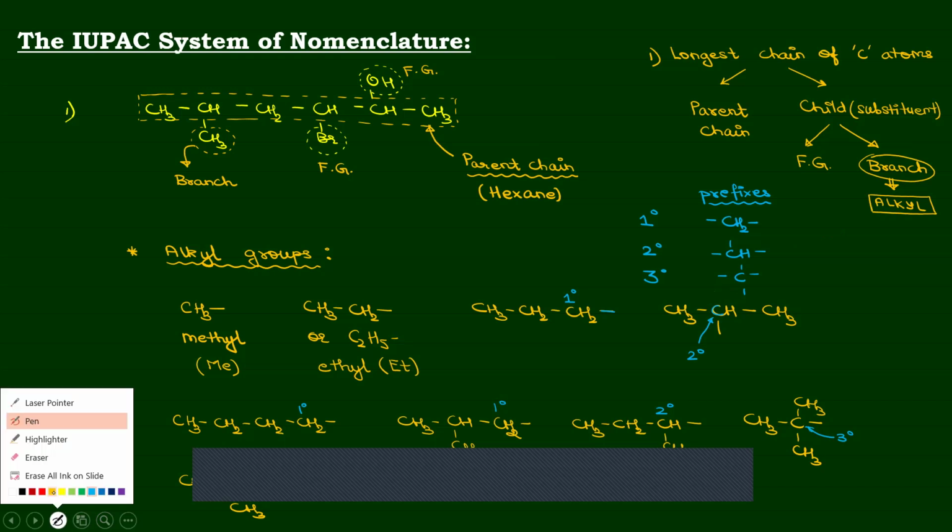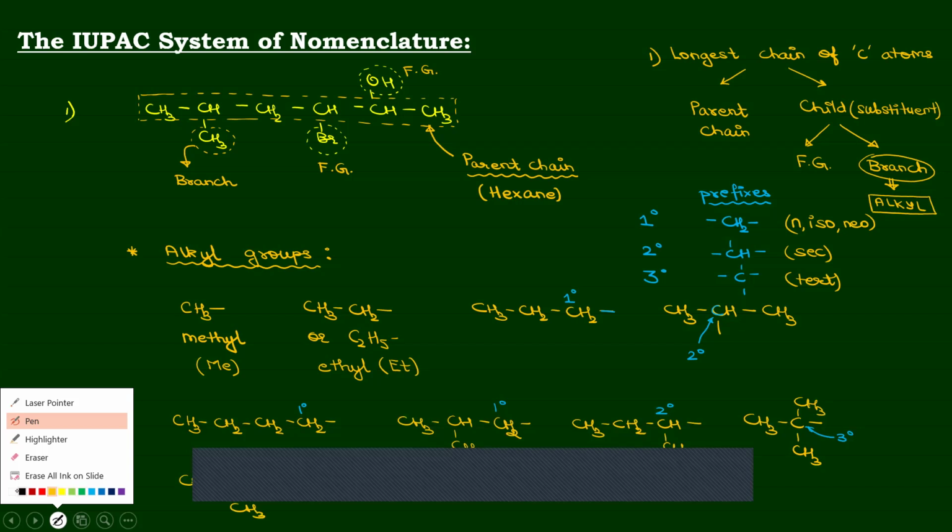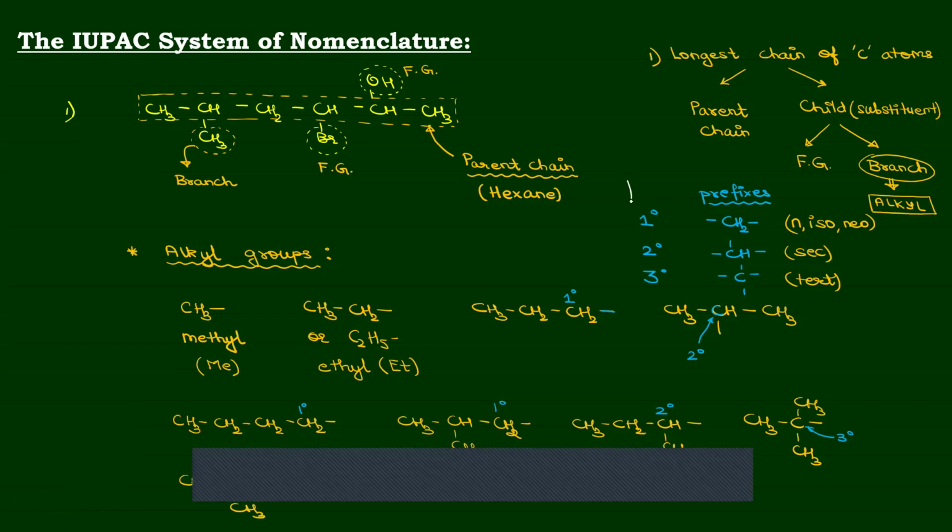Once you identify the type of carbon, for a straight chain primary you assign n. For a branch, you assign iso. For a two-branch structure, you assign neo. If it is secondary, you prefix sec, and if it is tertiary, you assign tert. So now let's apply this to understand the names of the groups.